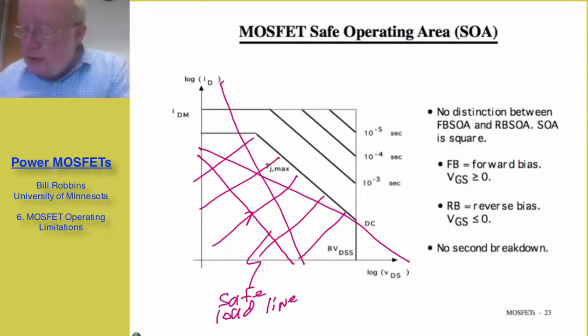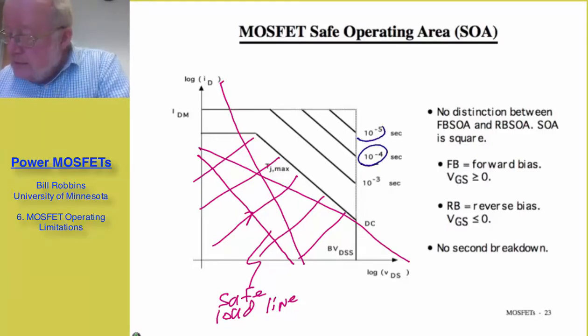And so what I'm showing here is if you can switch the device on and off progressively faster and faster, here I'm talking about a millisecond, 100 microseconds, less than 10 microseconds, you can approach then a larger safe operating area that's basically square, set by I sub dm horizontally and BVDSS on the vertical side.